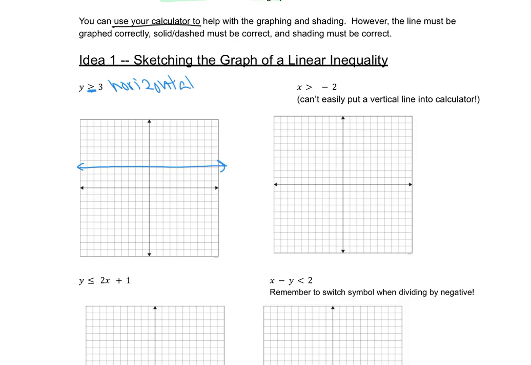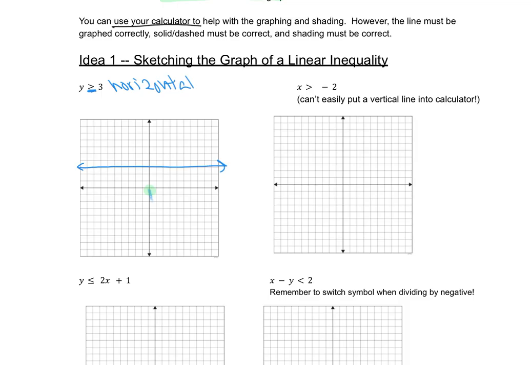One way that we can check which place we actually shade is we can do a test point. Our easiest test point is 0, 0. If 0, 0 makes the inequality true, then we shade that part of the graph. If it does not, then we shade the opposite part.